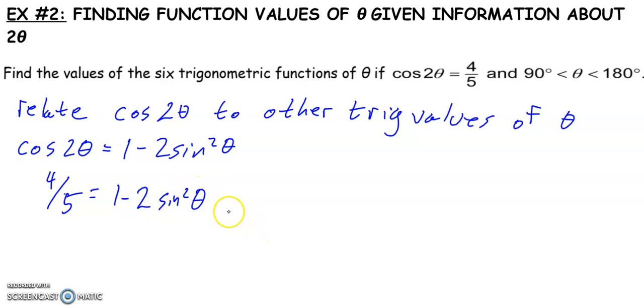Now what I want to try to do is solve this equation for sine of theta. So I'm going to subtract 1 from both sides, and when I subtract the 1, remember to get common denominators. So I'm going to do 4/5 minus 5/5. That's going to give me negative 1/5 equals negative 2 sine squared theta.